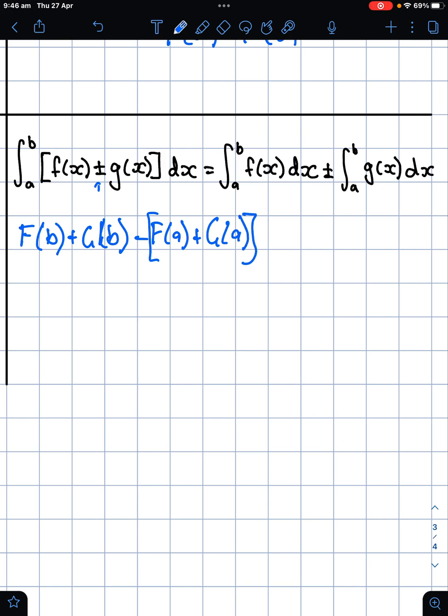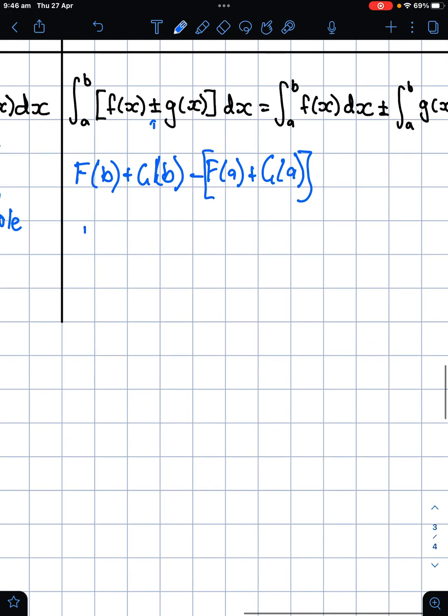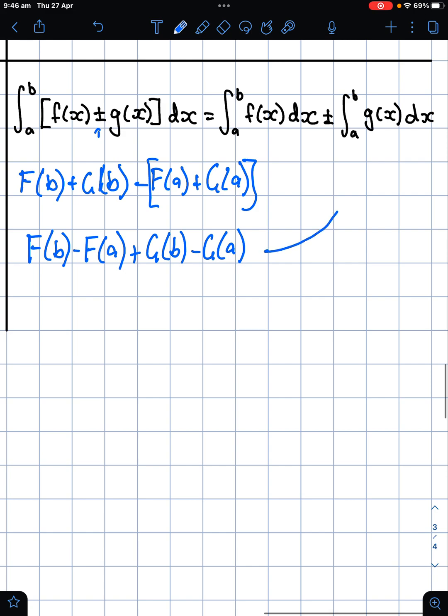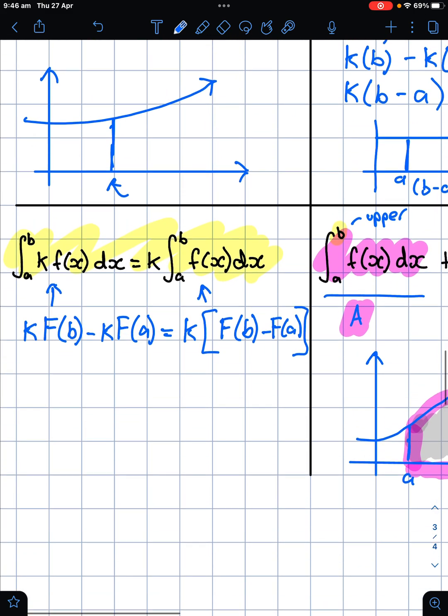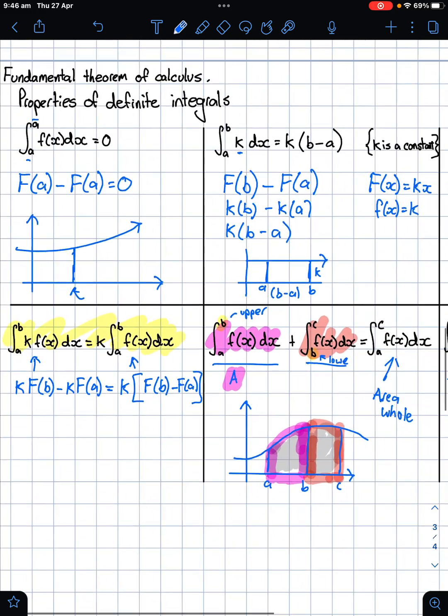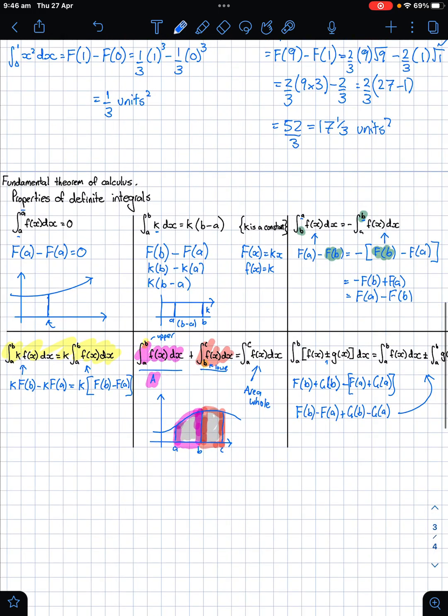So this would then be f of b minus f of a plus g of b minus g of a, which if you look at is the same as if we'd done them as two separate integrals there. So that's the property of integrals. That's quite important. That one there really helps us out.